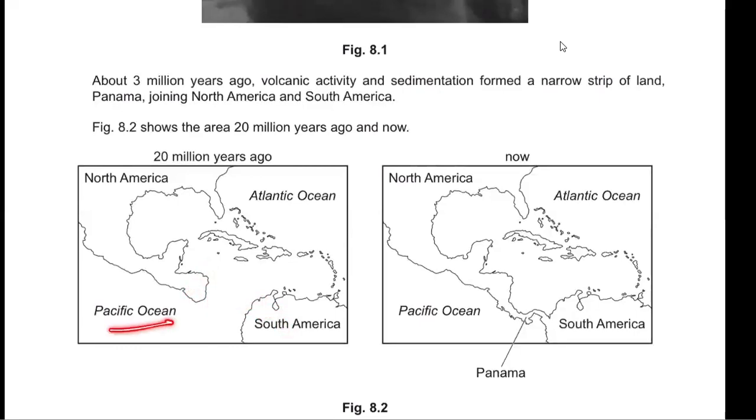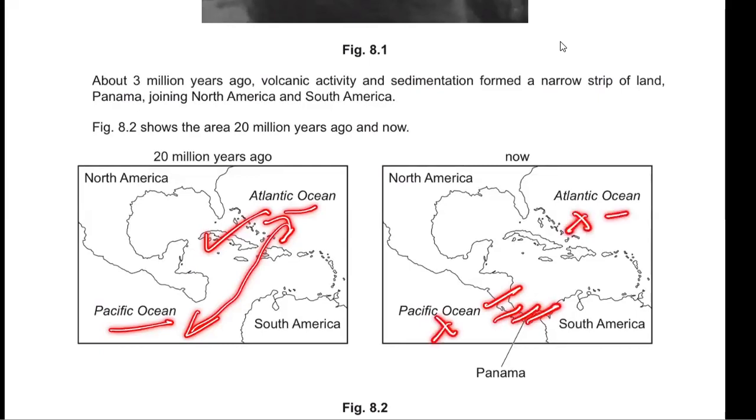So the fish would have swam freely, not flown, from the Pacific Ocean to the Atlantic Ocean. But now because of this land being there, the fish in the Atlantic cannot cross over to the Pacific, and the fish in the Pacific cannot go over to the Atlantic.